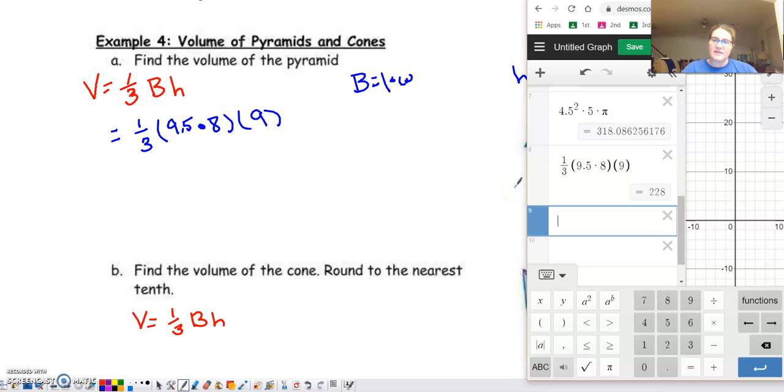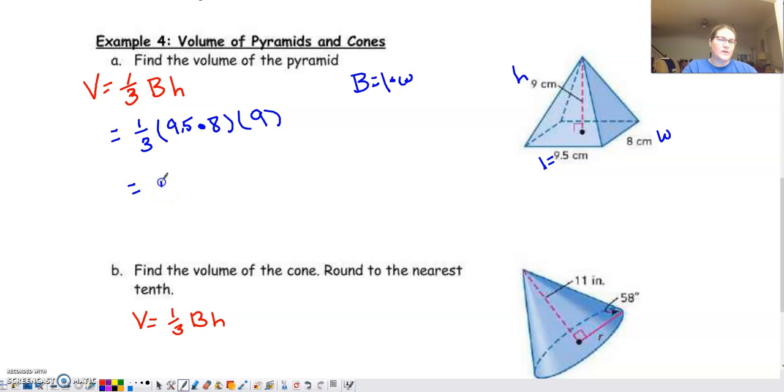And altogether that's going to give me 228. It's a nice whole number. 228, and this is centimeters cubed because we multiplied centimeters times centimeters times centimeters to get the volume.